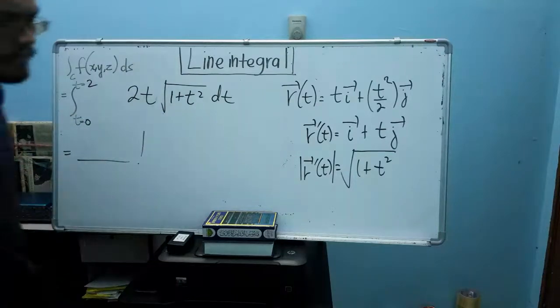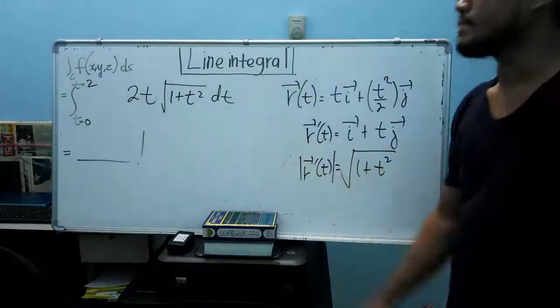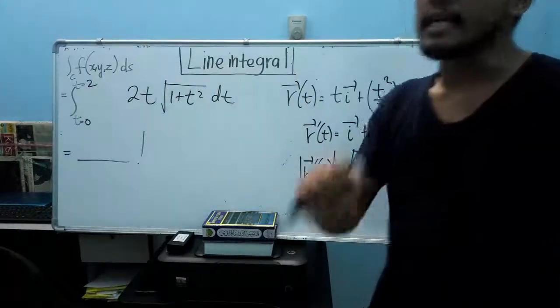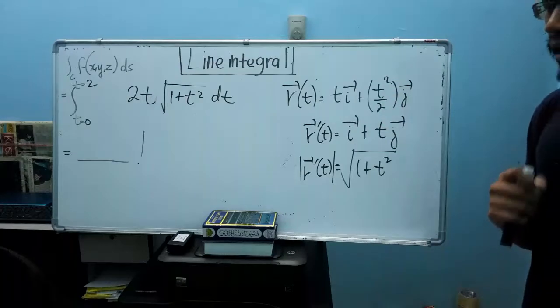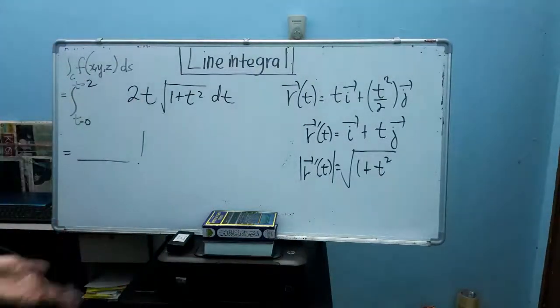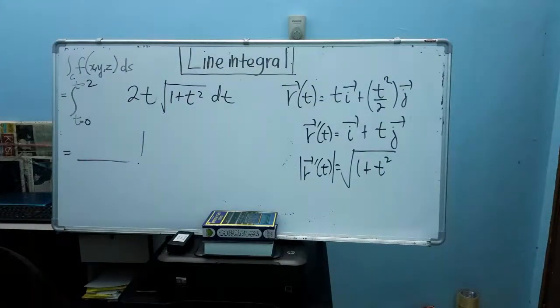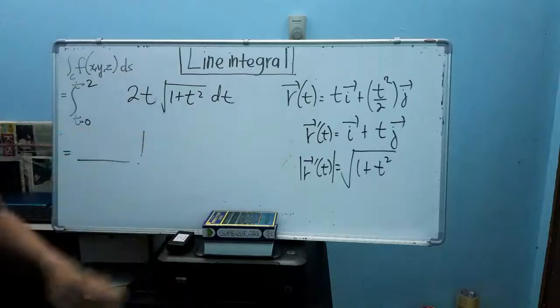Of course, always remember the line integral always depends on the parametric equation of your C. If your C doesn't give any parametric equation, you need to find this parametric equation first. After you find the parametric equation of C, you find your x(t), y(t), z(t), then you can find r(t), then calculate r prime t, and then the magnitude of r prime t.